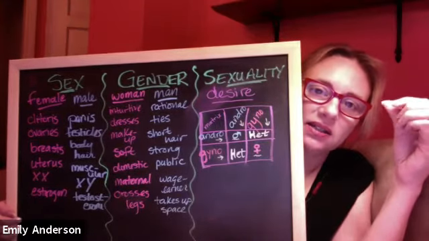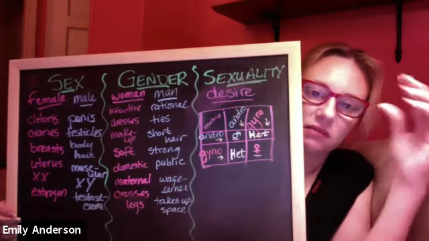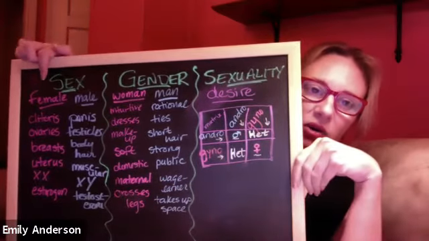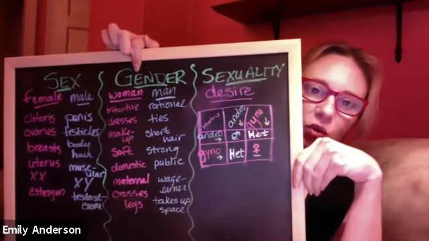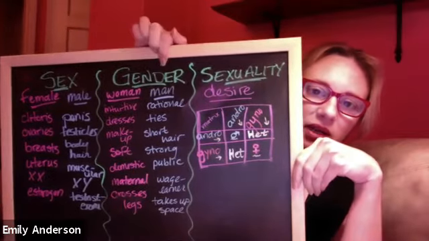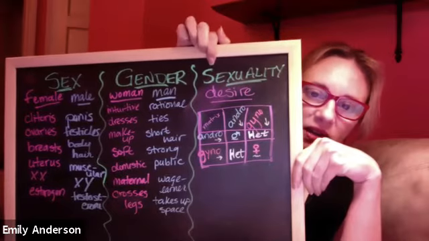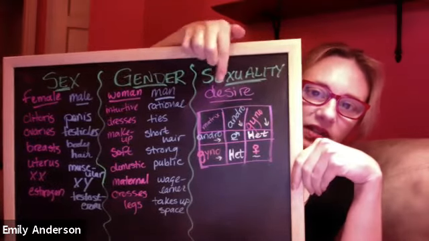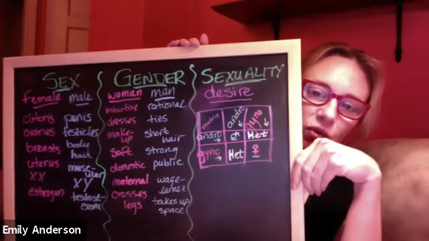Sexuality is desire, which of these kinds of people you desire. So we, right now, are going to match up female and woman, male and man, and talk about desire. Judith Butler talks about this, all these squares, as the heterosexual matrix.